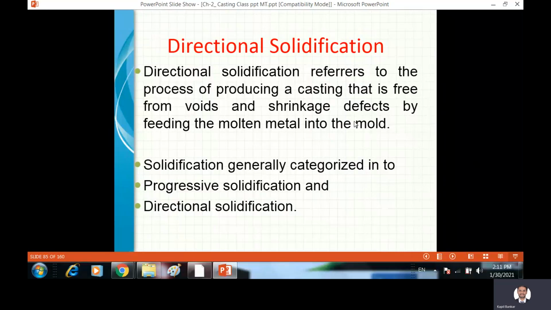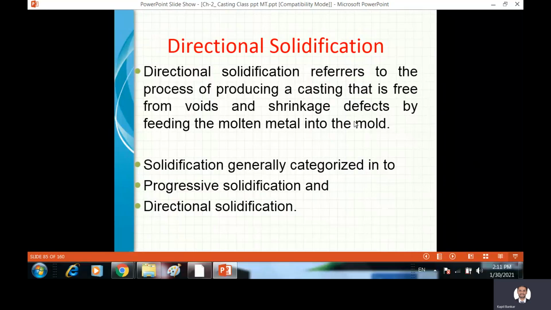Once you pour the molten metal from the sprue, it will run from sprue to runner to casting cavity, and from the casting cavity it will go towards the riser. This molten metal will solidify after some time. Once the time has increased, the metal will be solidified.